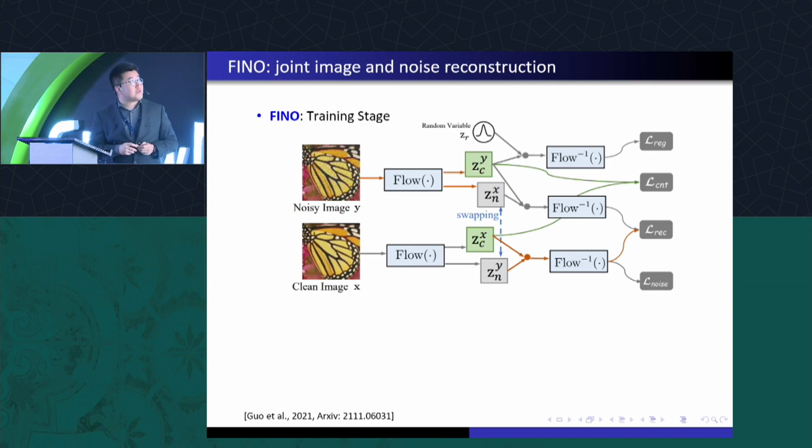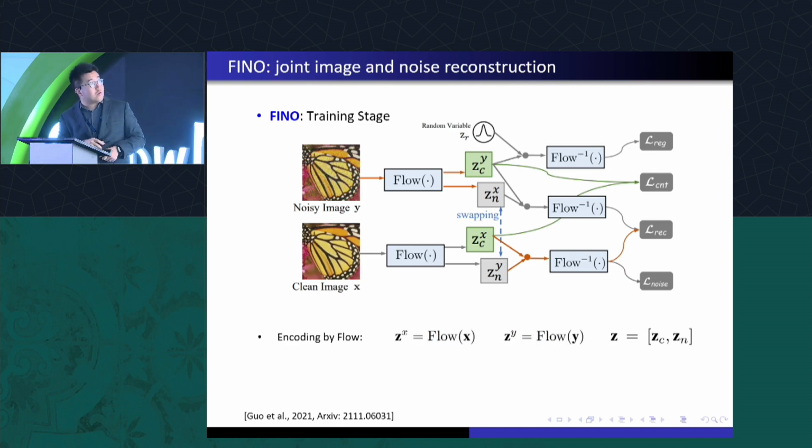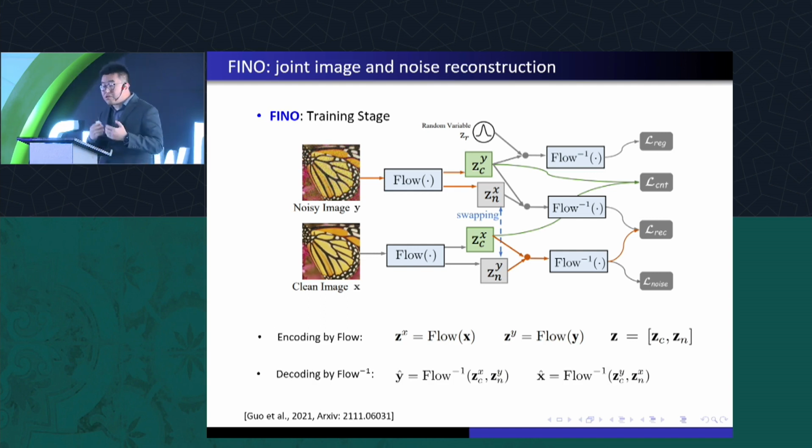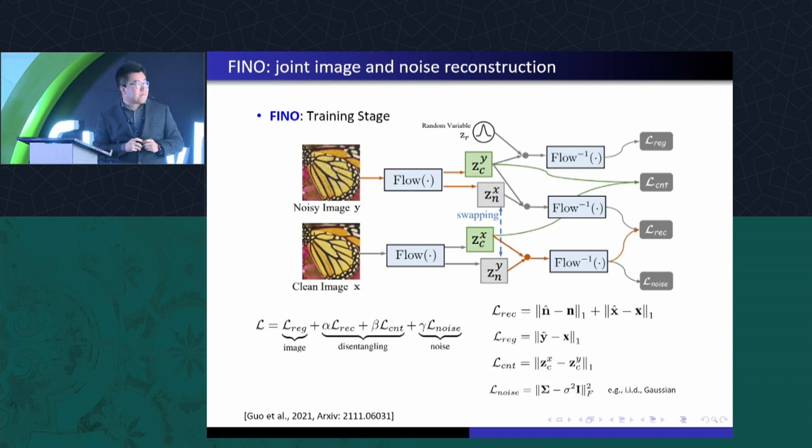In the training stage, we encode both the noisy images and the clean images jointly, and we set up loss functions and objective functions for every part, like reconstructed noise and reconstructed images. We also swap the noise features between the two branches and come up with some adversarial loss between the noisy images and clean images. Eventually you have a hybrid loss to model them jointly. And for the noise, this part will depend on the noise you have.